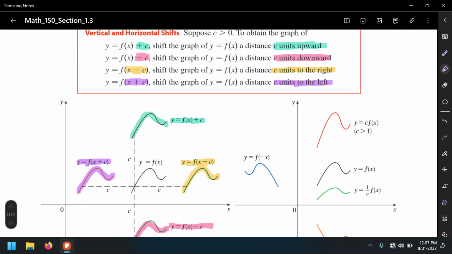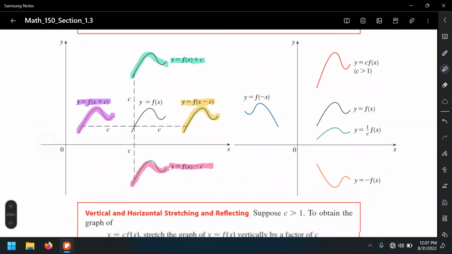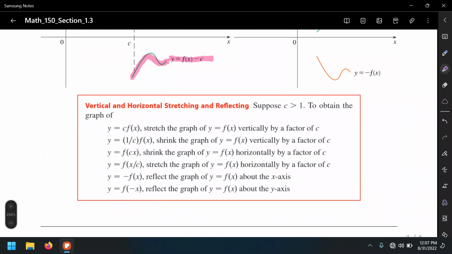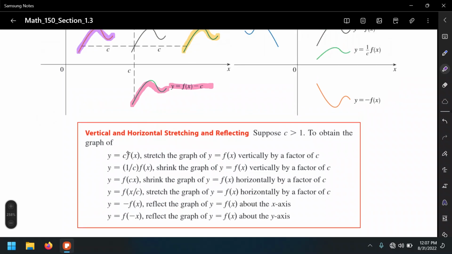Those are not the only transformations that we will see. There's a couple more. The other transformations are reflections and stretching, compressing. Well, a vertical stretch occurs when we multiply a function by some positive number, a number preferably greater than 1. All right?